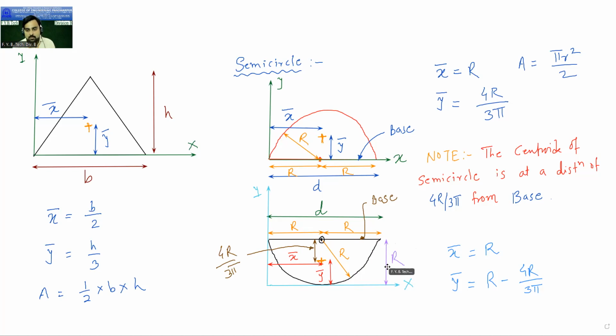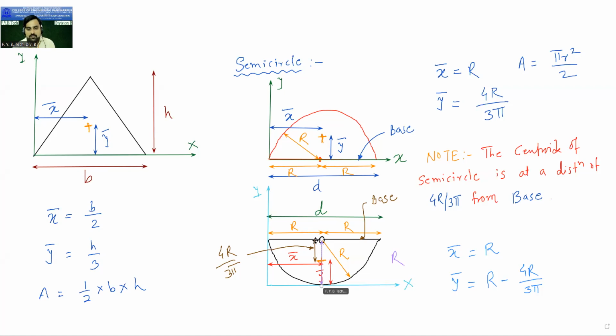So see, if I move this, you can see this arrow. This is nothing but the radius. So from this total radius r, if I subtract this 4r by 3 pi, then I will get this remaining distance. This remaining distance from the total distance, which is nothing but the radius of the semicircle.